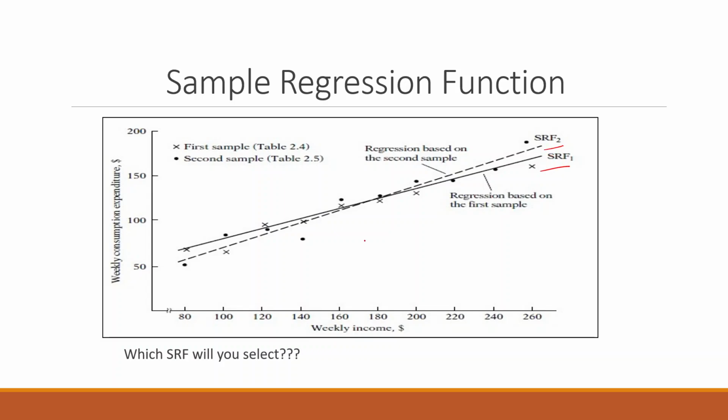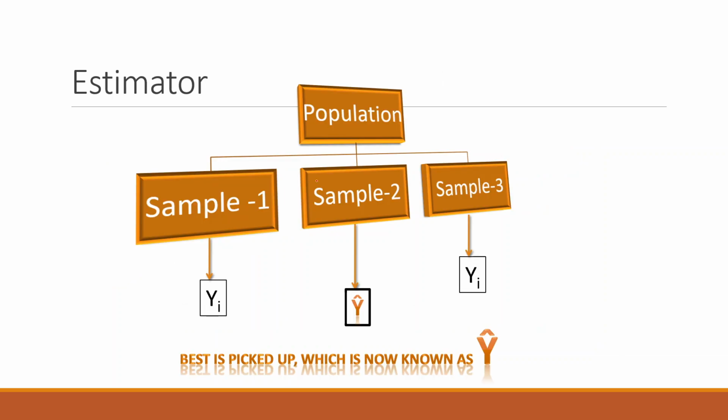So the question arises, which SRF, sample regression function, will you select? I will select the sample regression function which is BLUE. BLUE means best, linear, unbiased estimator. So out of several regression functions, 1, 2, 3, I am picking up y hat. The best one is known as y hat.